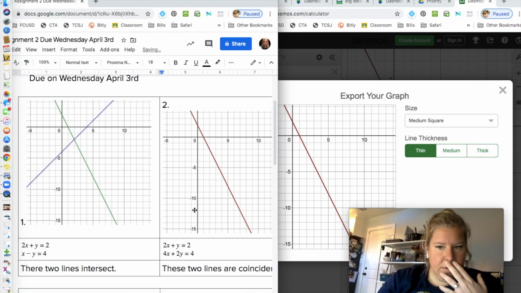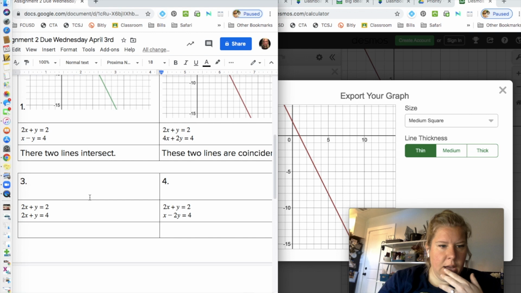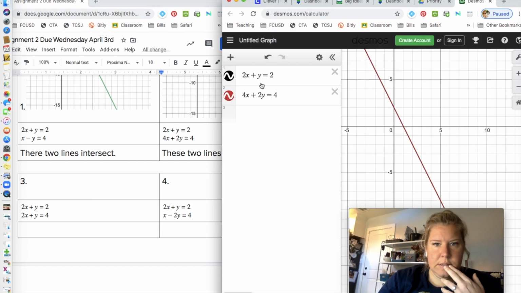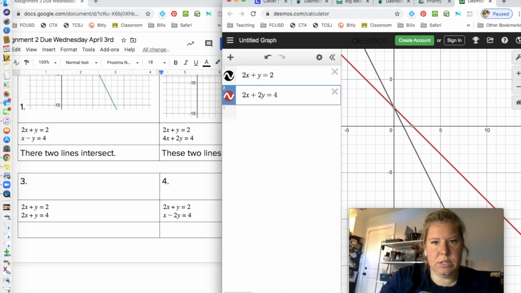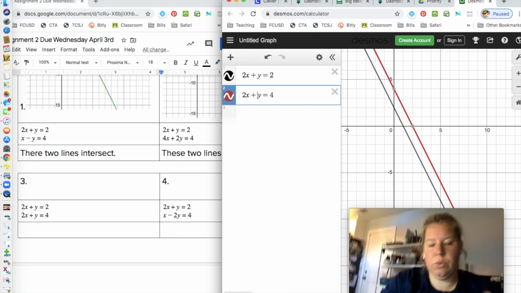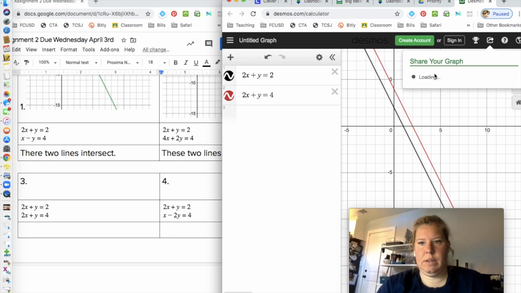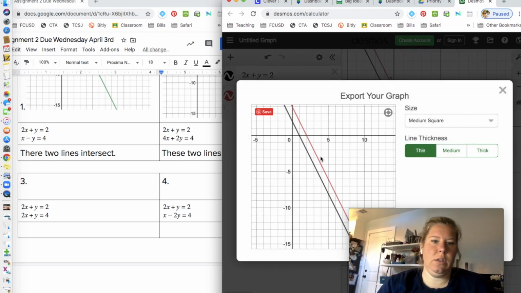Okay, so next, I got this 2x plus y equals 2, same as this one. And then I have 2x plus y equals 4. Let's take a look at this graph.